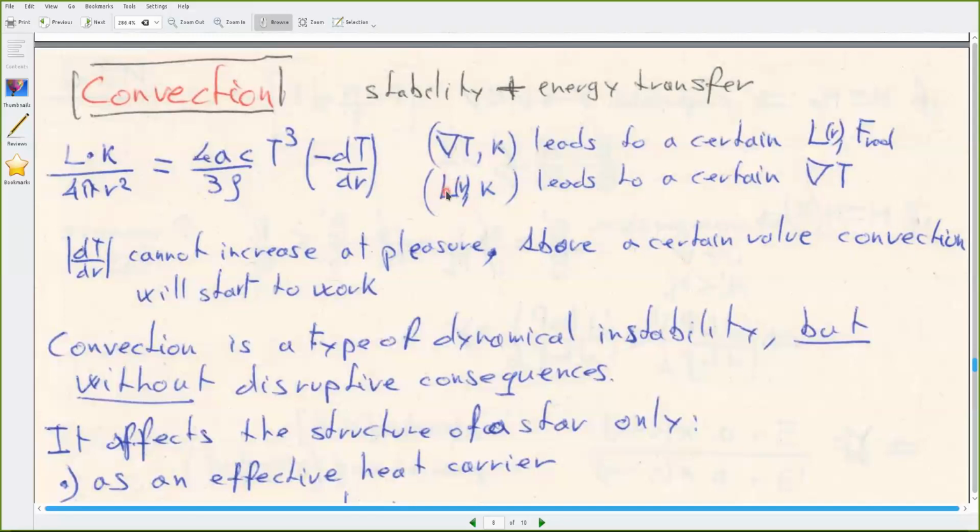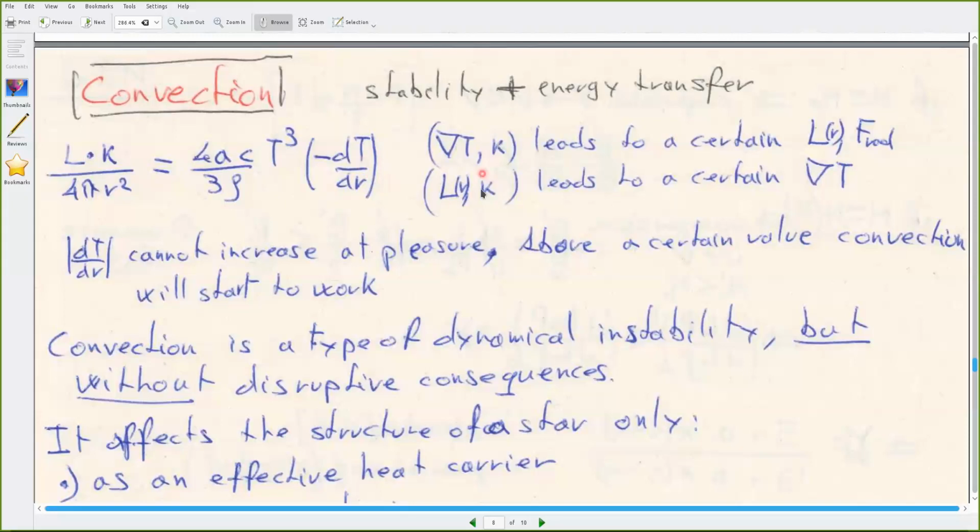So this one can be calculated inside the core, and we know that this value with the opacity leads to a certain gradient of temperature. Because if you have a really high luminosity, you need a higher gradient of temperature because you will have a lot of energy inside. That is internal energy, so temperature.